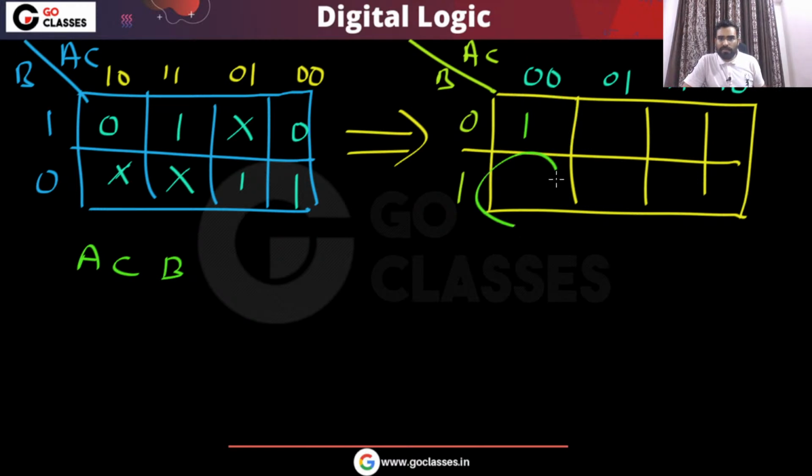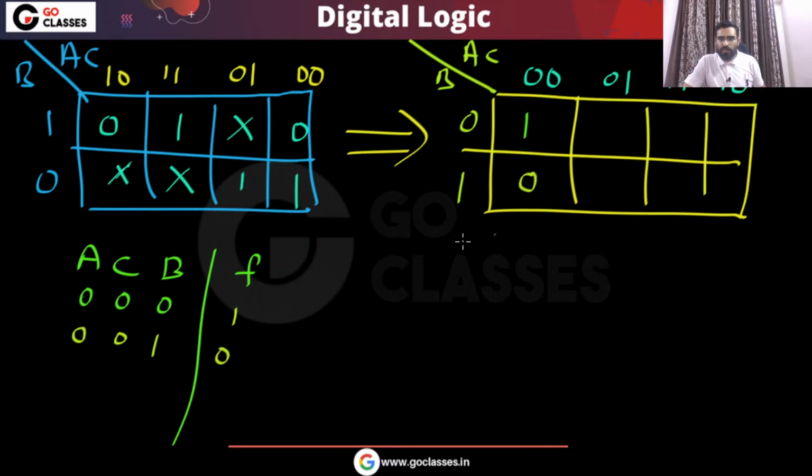Did you understand why this is 1? Because when ACB is 0 0 0, the function value is 1. Next, when ACB is 0 0 1, then your function value is 0.